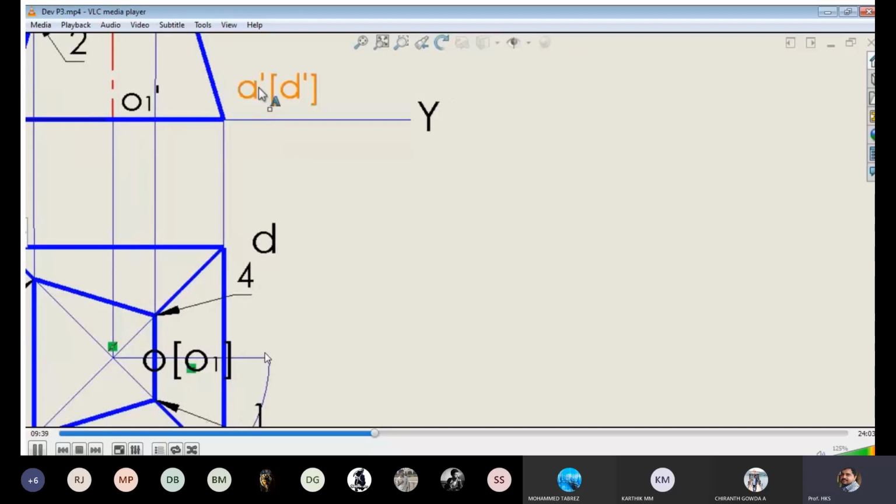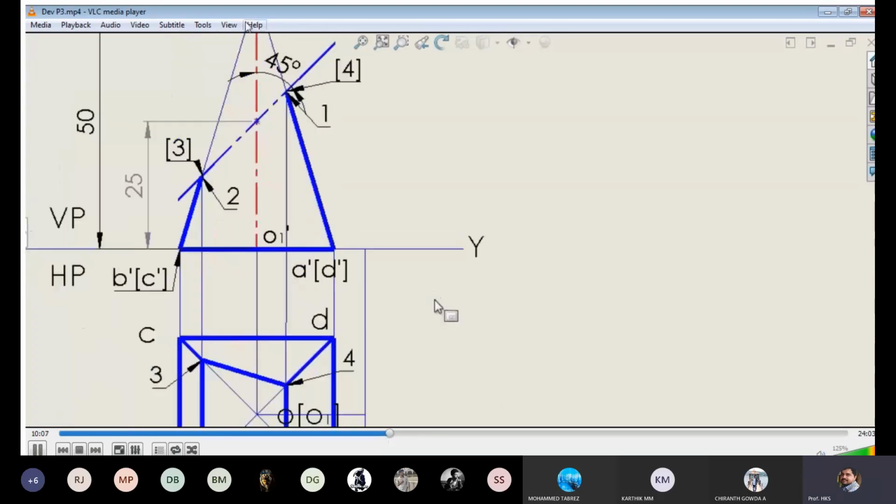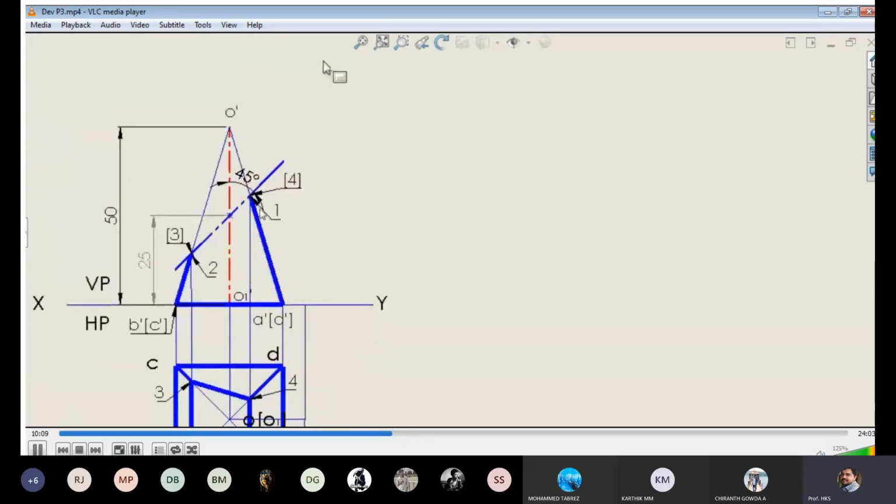Next, project from this point to this, like this you have to project. Then you have to connect the apex to this one. Then that will be the true length of the slant edge. This is the true length of the slant edge.